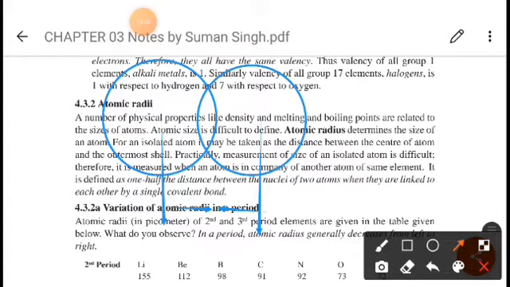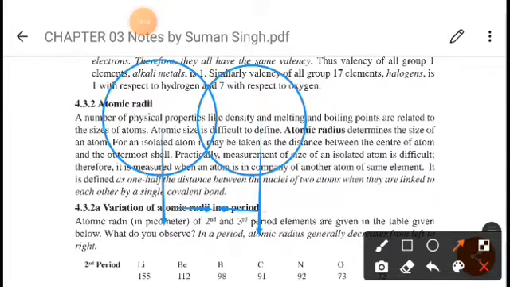This will be the distance. And if you want to calculate this, one scientist named Slater has given a formula, so we can use that formula also. Covalent radius is generally of two types: one is homonuclear diatomic molecules and another is heteronuclear diatomic molecules.